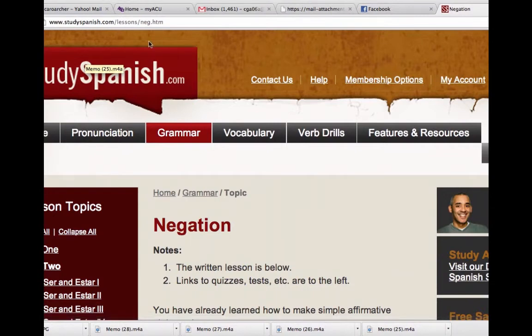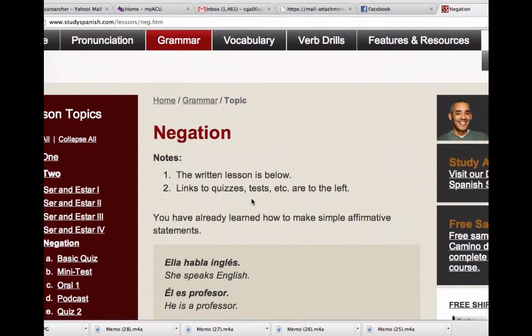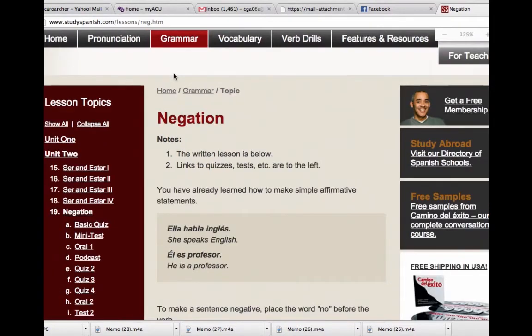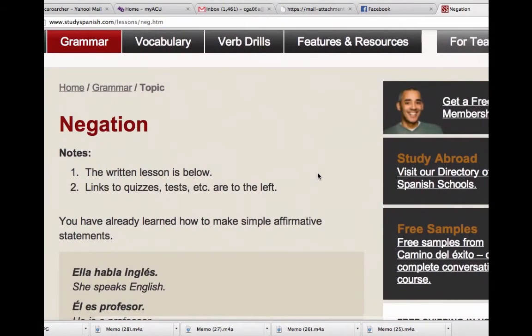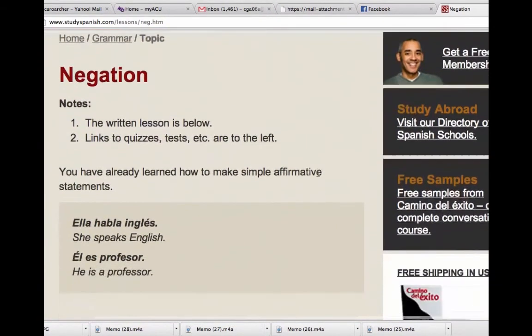It's called, I don't know if you can see the whole thing, studyspanish.com, and it's got a lot of explanations about grammar, and then you can do a pronunciation guide, and then you have exercises, verb drills, and different things, and it's a really good website. And I like the simple way that they explain the negation here because they go step by step.